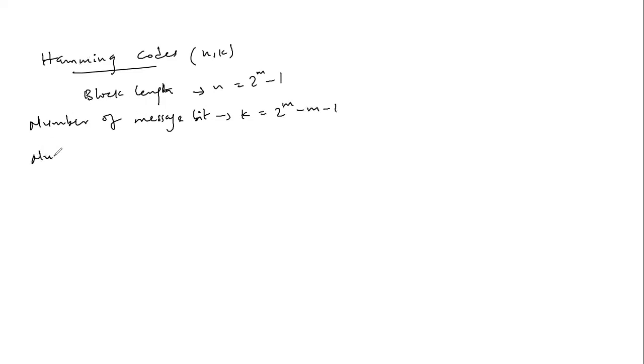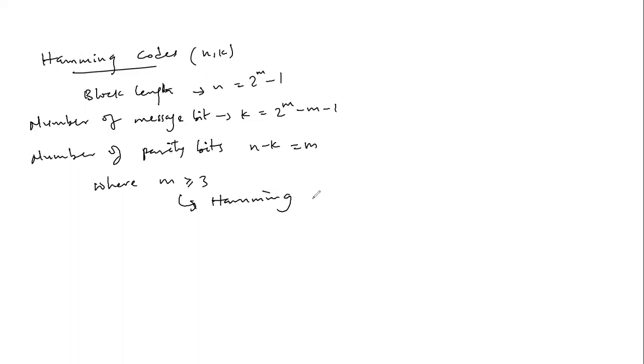And then we have the number of parity bits, which is n minus k, which is equal to m, where m is greater than or equal to 3. The Hamming code is a single error correcting perfect code.